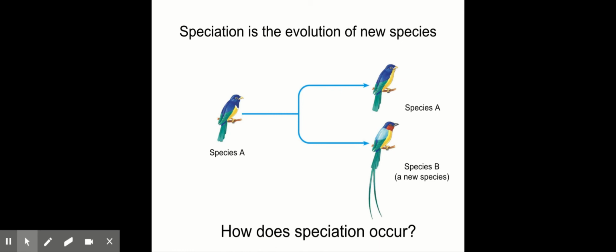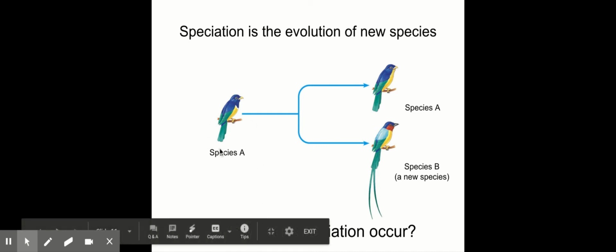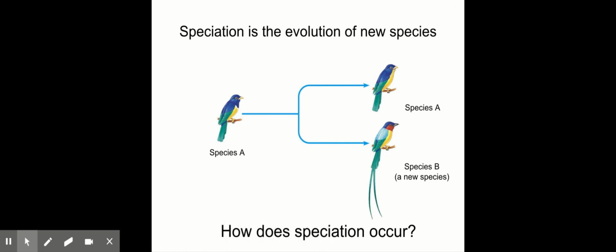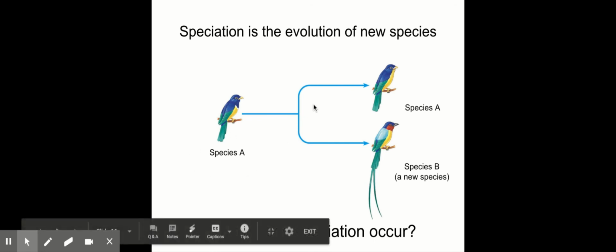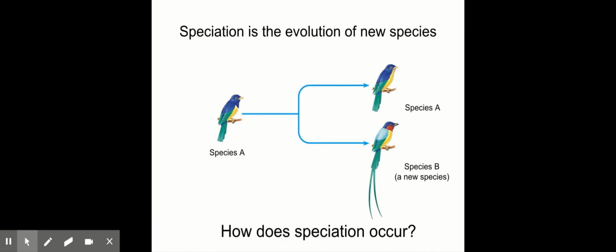So we've thought about different ways that species are kept separate reproductively, but this brings us to the question of how do new species evolve? And the evolution of new species is called speciation, and it basically works like this. You start out with a single species, but something happens that over time drives the divergence of different populations of the species.